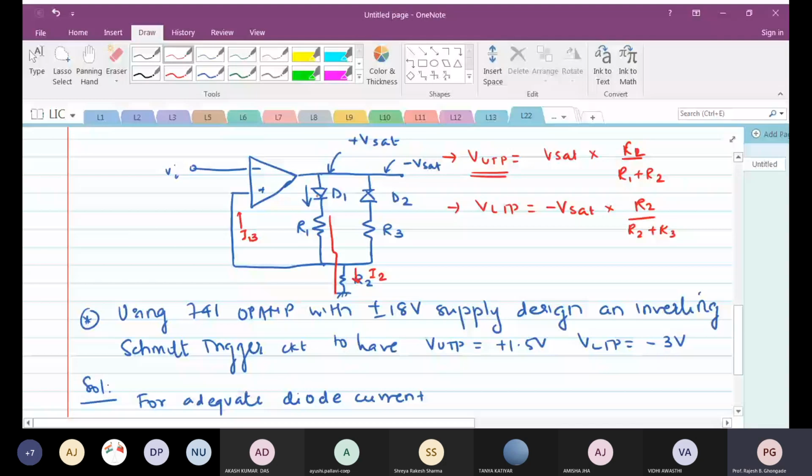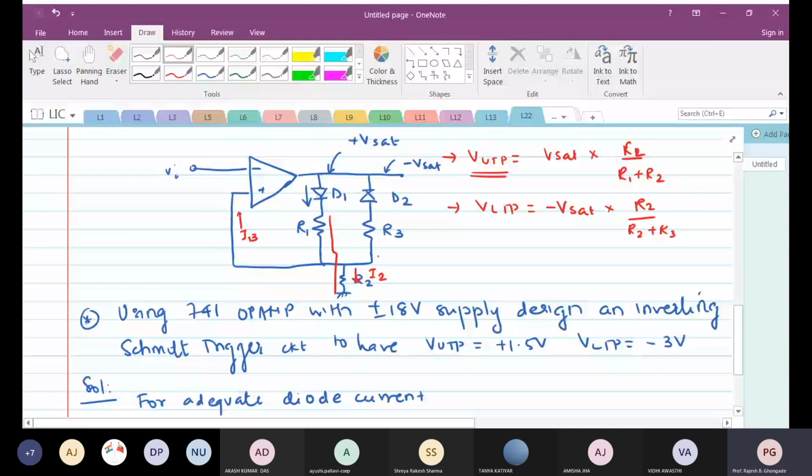Okay, if you refer to the diode characteristics, things will be clear. So we must make sure that we have adequate diode current. So I2 has to be selected judiciously. So I2 minimum we are selecting as 500 microamperes.